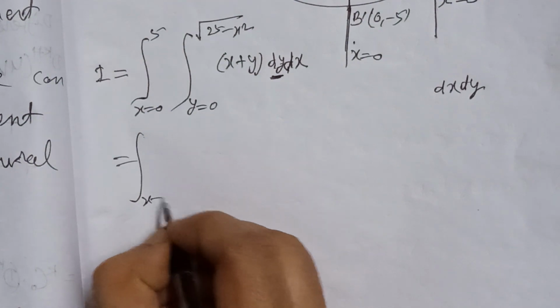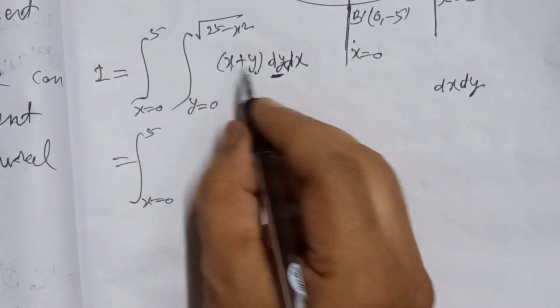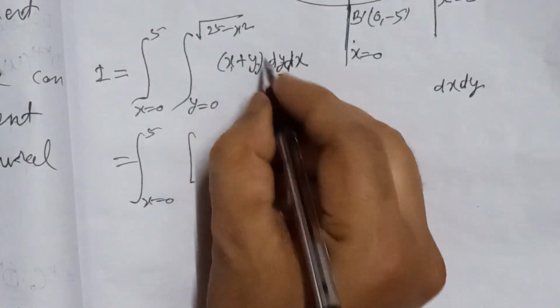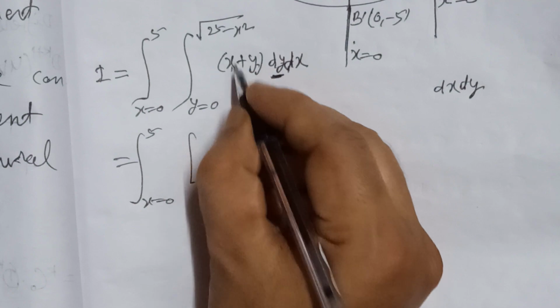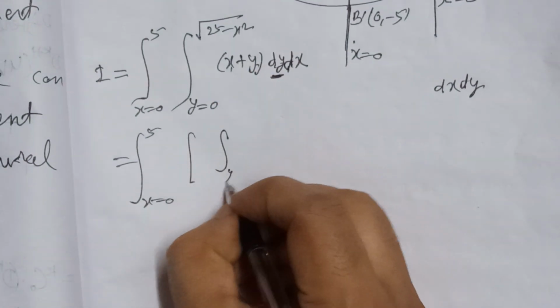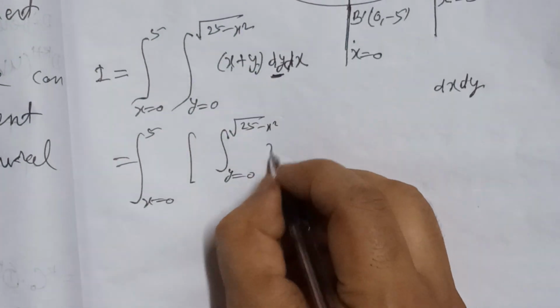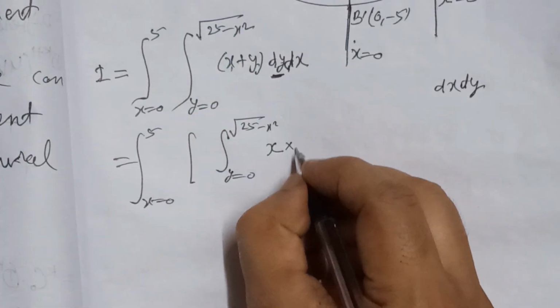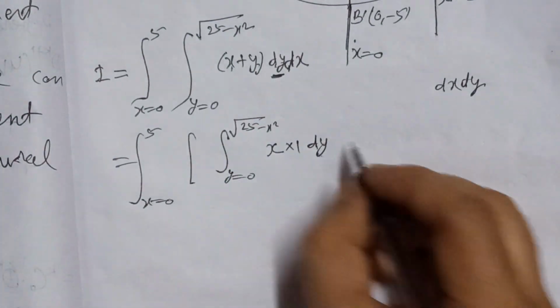So we will integrate this term by term. There are two terms. When we integrate the x term from 0 to square root of 25 minus x square, we can write x as x into 1, and we integrate with respect to y.